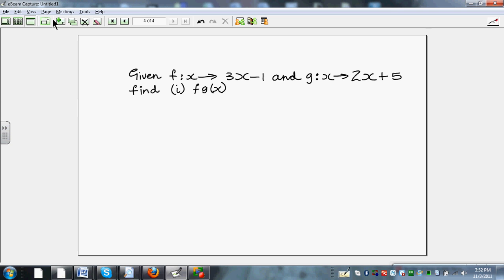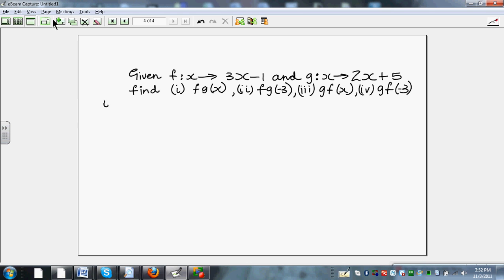Second, fg of minus 3. Third, gf of x. And the fourth thing they want us to find is gf of minus 3. So we have to find all these different things.